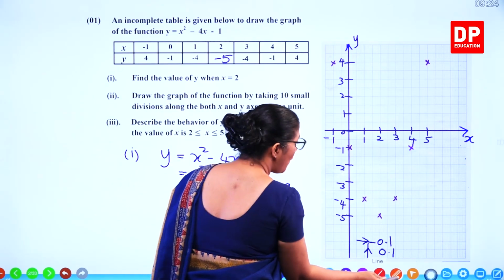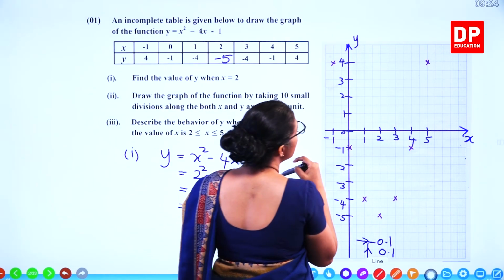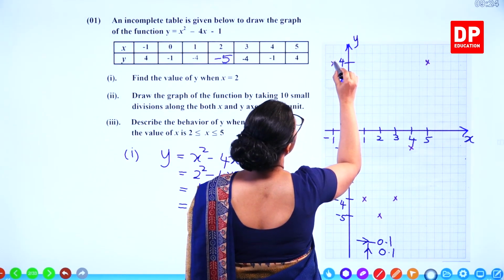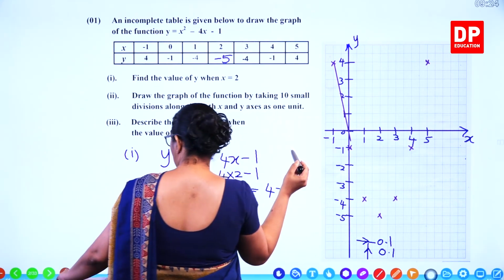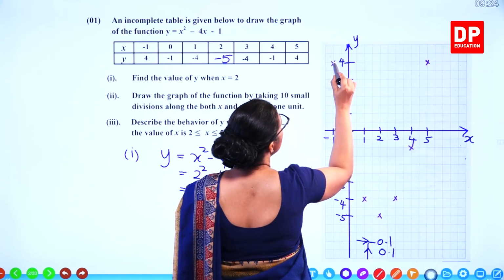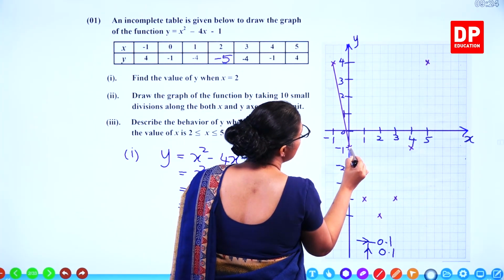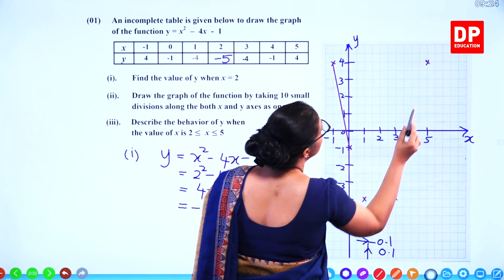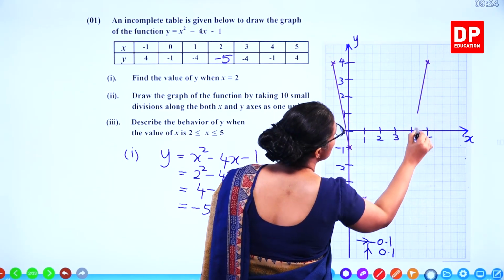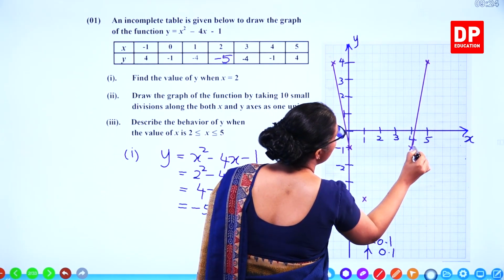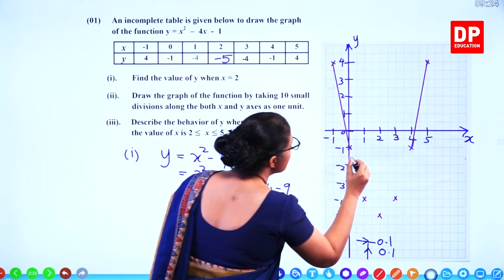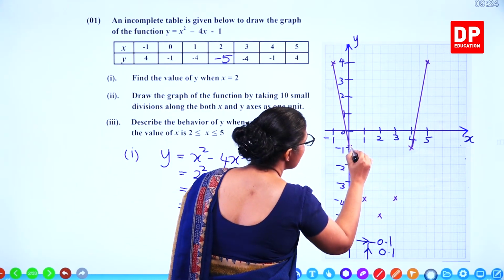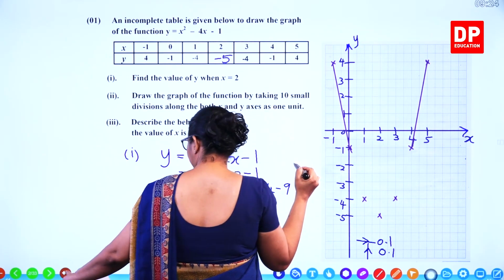So what's my advice always? You can connect these 2 points with a ruler, not the middle values. Here to here you can connect with a ruler, here to here also connect with a ruler, and then you have to smoothly connect the other points.